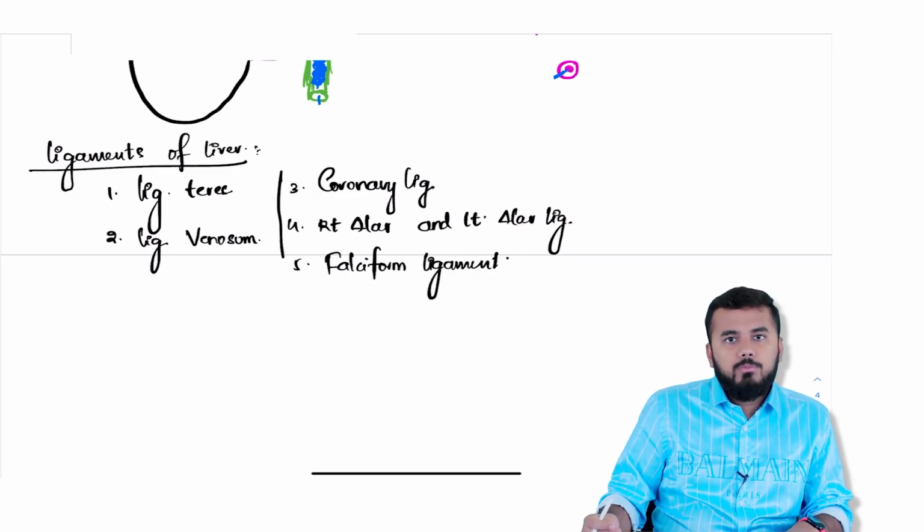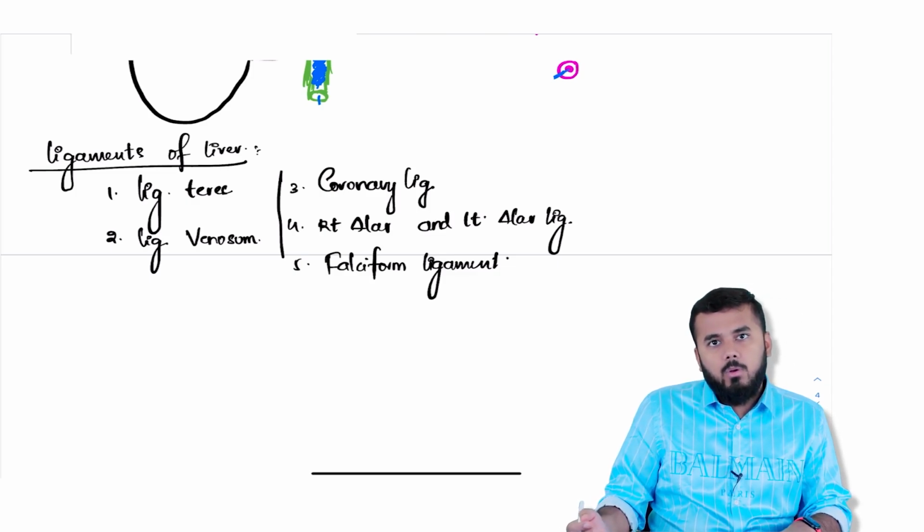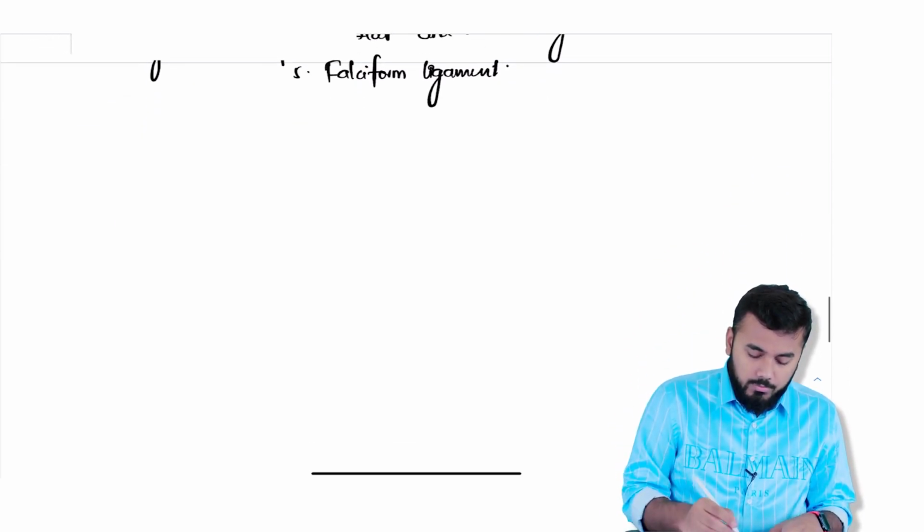Now when it comes to the lobes of the liver, how many lobes do we have? We have got the right lobe of the liver, the left lobe of the liver, the caudate lobe as well as the quadrate lobe.